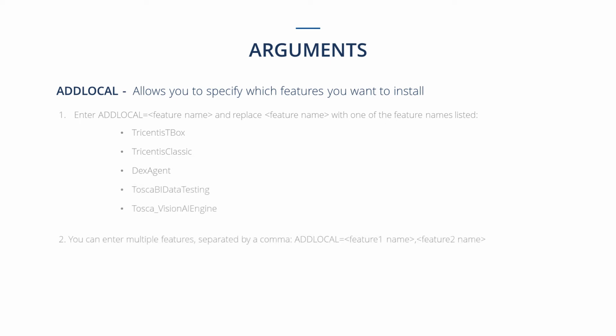Please note that multiple features can be entered, separated by a comma. However, when the AddLocal command is not used at all, then all features are installed. If none of the features are specified after the AddLocal command, none of the optional features will be installed.